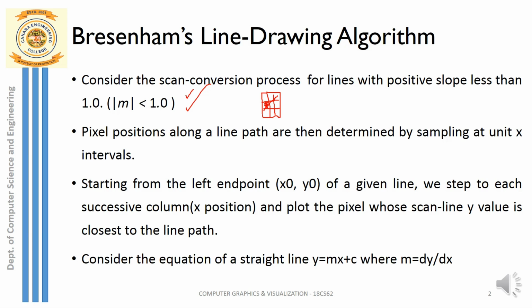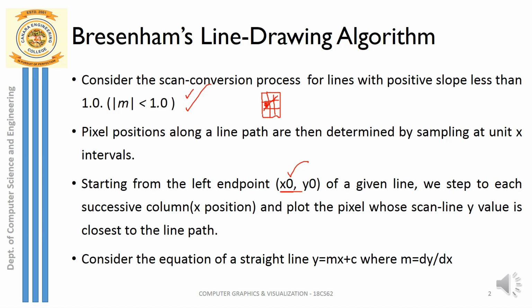As usual, for drawing the line we need to start from the first endpoint, and we always take the first endpoint as the leftmost point, which is x0 and y0. As we start plotting this first point, we then have to choose the next pixel to plot the next point.